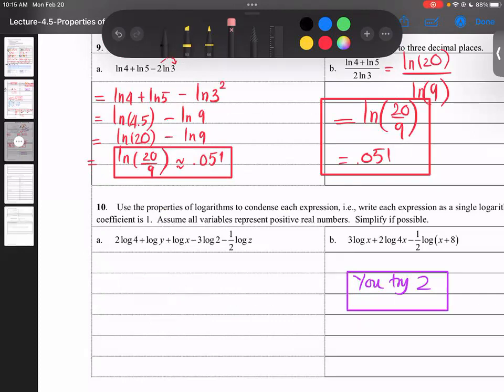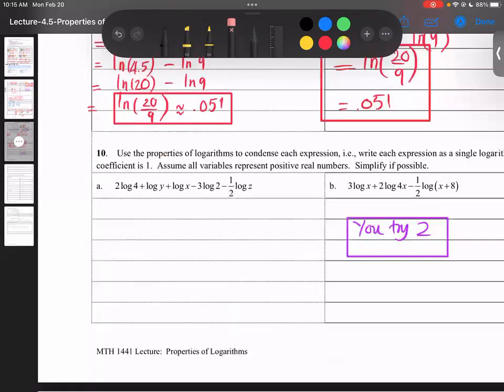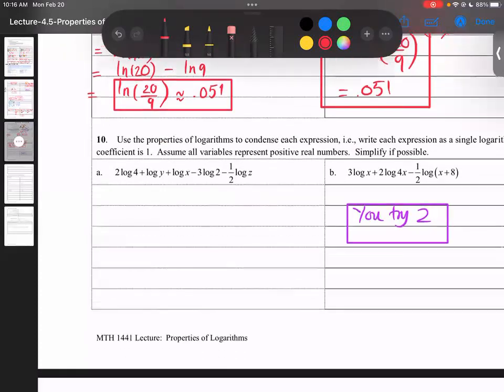All right, continue, 10A. Use properties of logs to condense each expression, meaning you combine to one mother log. What I'm going to do is move all the coefficients of log to become the exponents, right? So power rules.